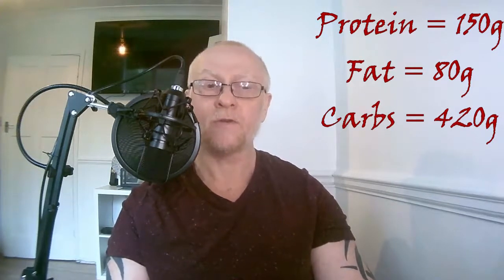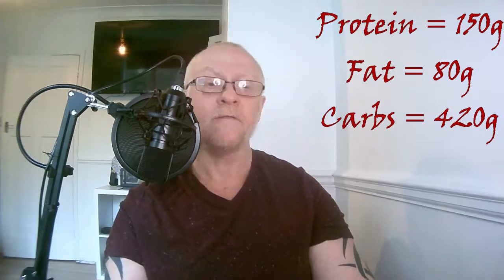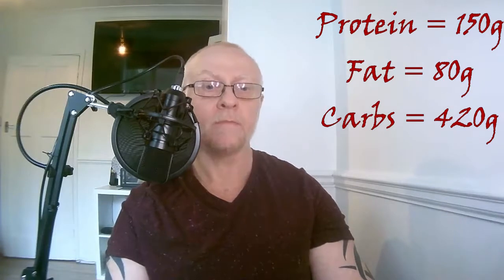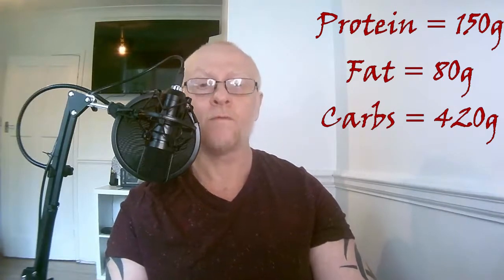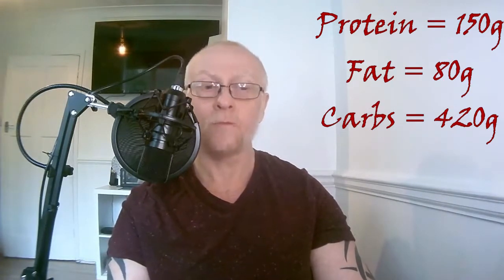So now we have protein 150 grams, fat 80 grams, and carbs 420 grams for maintenance. Cool, that's a good start. Remembering that we can change the ratios of fats to carbs provided we keep the calorie levels the same.